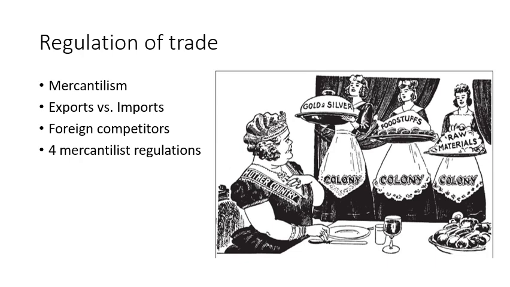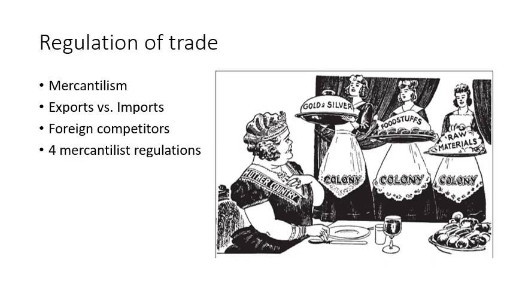It's an economic system that the government intervenes in the economy for the purpose of increasing national wealth. Quick note on this, you want to generally have your exports exceed your imports. You want to be selling more than you are buying, because that means that you're increasing your national wealth.